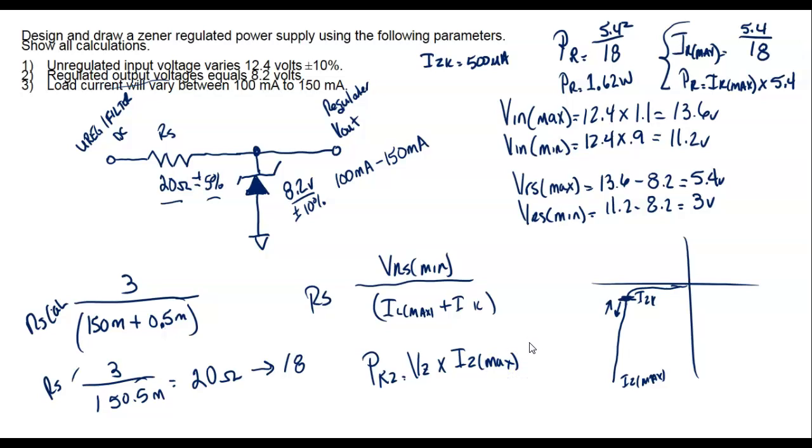So how are we going to come up with VZ? We know VZ is pretty easy. So PZ, because it's given, is going to be equal to 8.2 times what current? When would the current flow through the Zener be maximum?